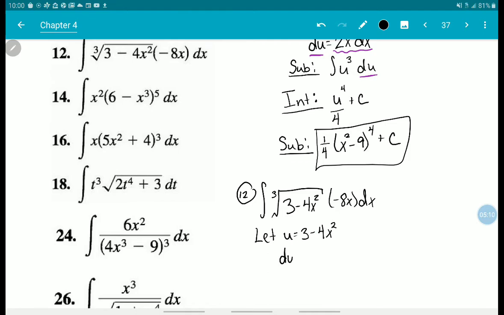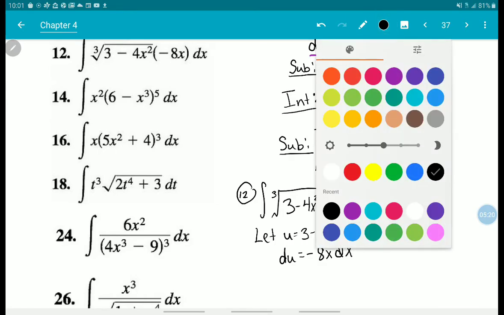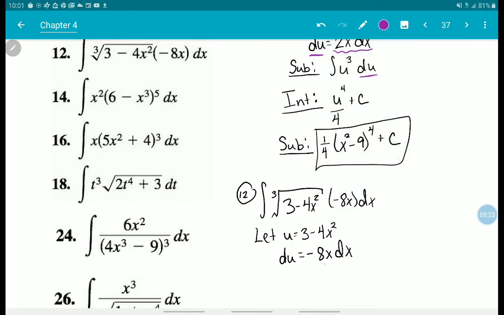So du is the derivative of the inside. So that would be negative 8x times dx. And we need that because we need to show what we took the derivative with respect to. So that negative 8x dx, all of that is part of our du.